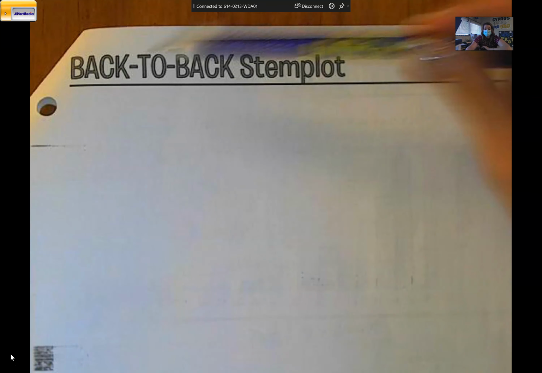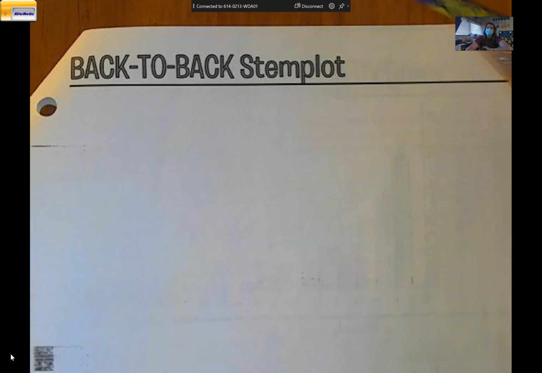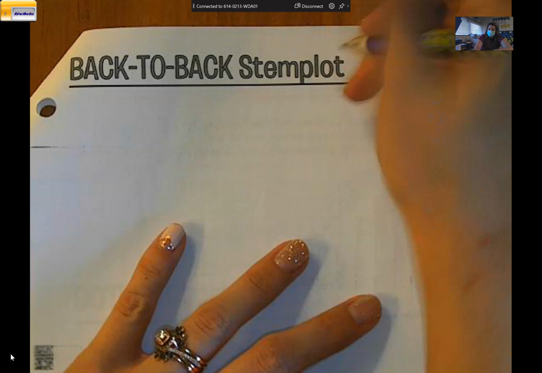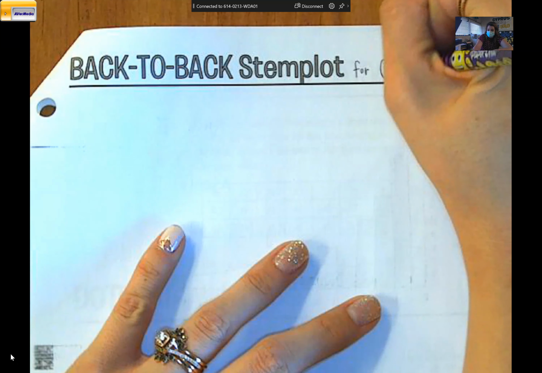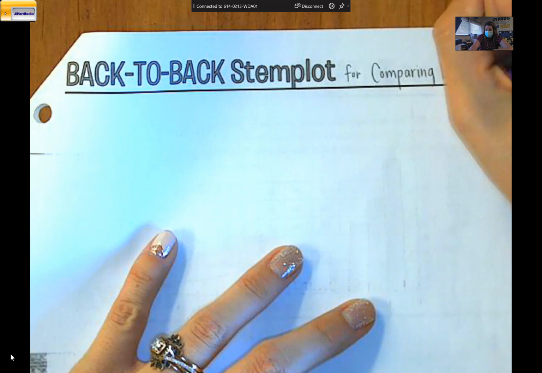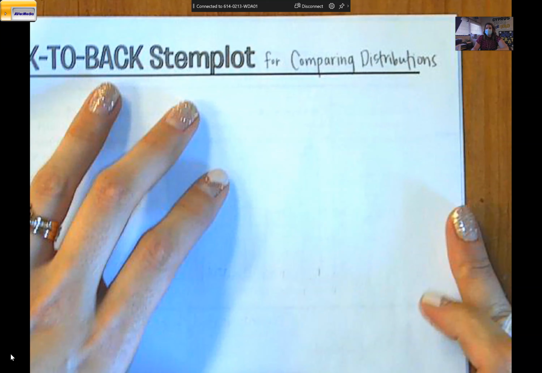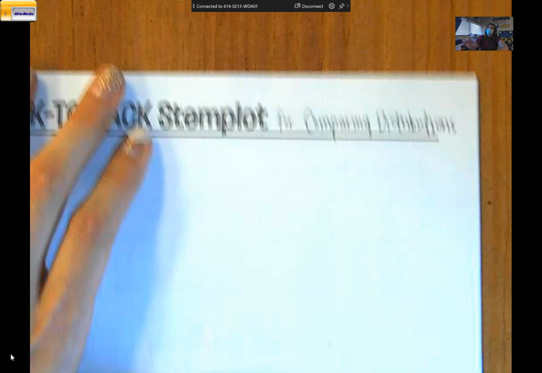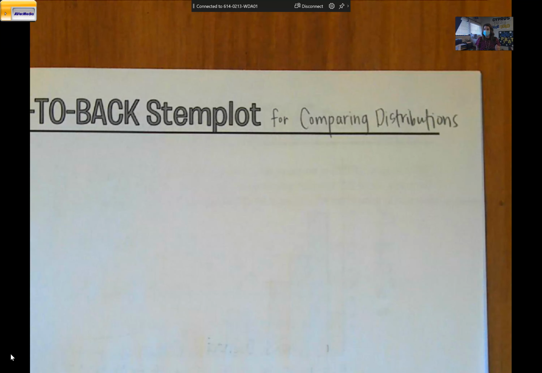So the reason that you make a back-to-back stem plot is to compare distributions. So I'm going to write up here, for comparing distributions, we look at back-to-back stem plots so that we can compare distributions.